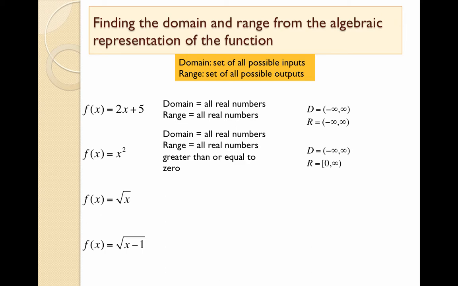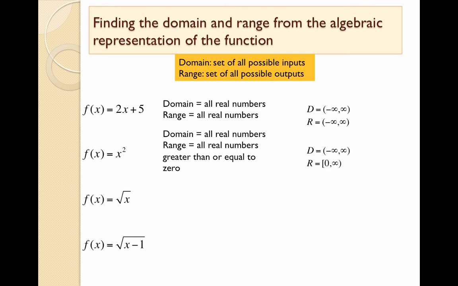Third example, f(x) = √x. Is there anything we could put in there for x that would make that blow up? Well, indeed, yes. If we put in a negative number for x, we won't be able to calculate it. That will be an imaginary number. And for domains and ranges, we're just looking at real numbers.